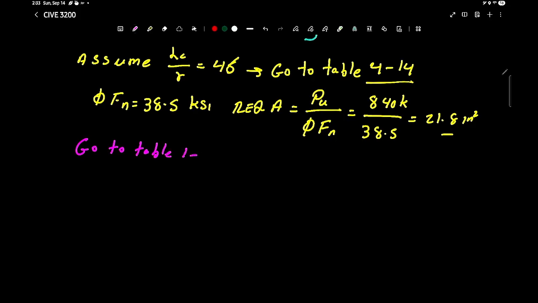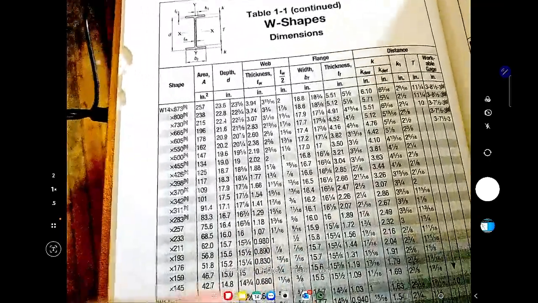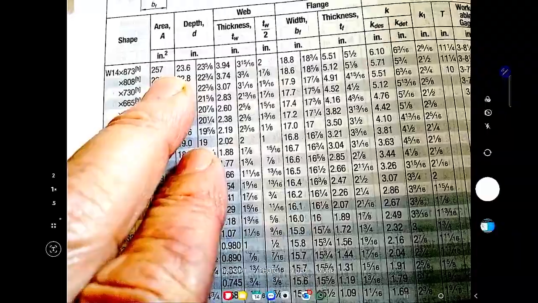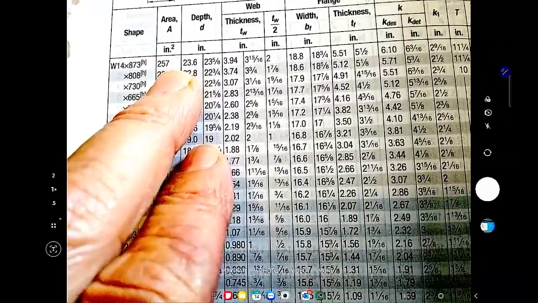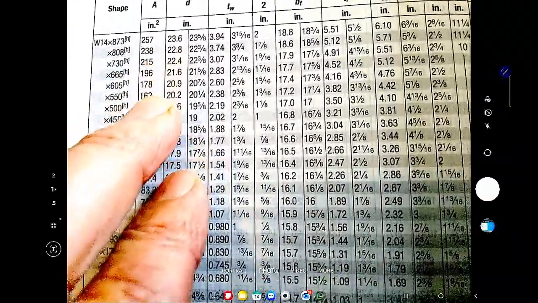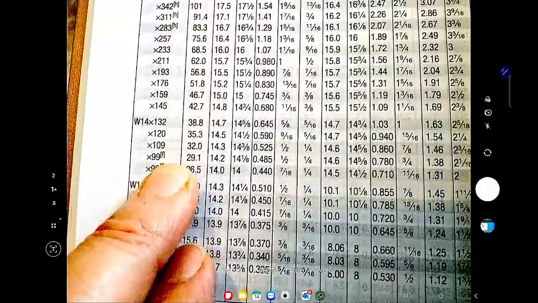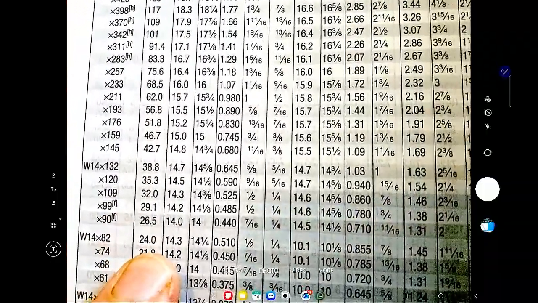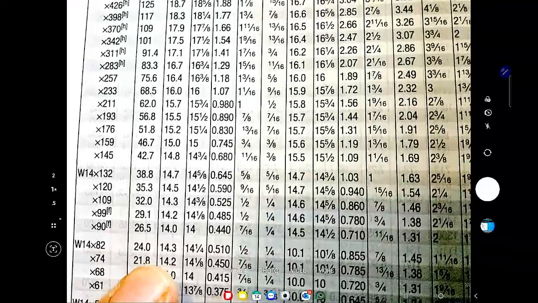So now we're going to go ahead and go to table 1-1 for W14. Look for an area. Let's do that. So here is table 1-1, and we're looking at W14, and we look at the area. Our area was 21.8. So I'm going to come down. W14, 21 right there. 21 point something is W14 by 74. We don't want to pick exactly.